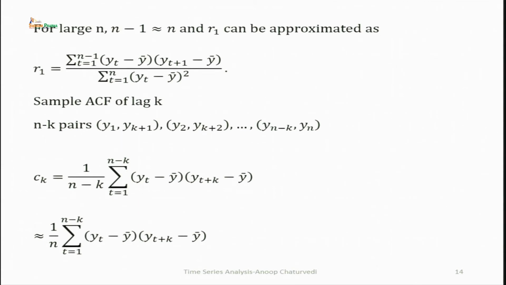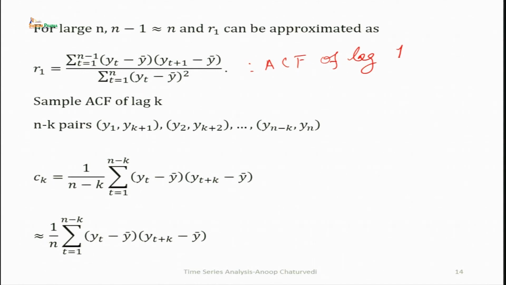Now, this is the sample autocorrelation coefficient of lag 1, right. This is ACF of lag 1. Similarly, you may define the sample autocorrelation function of lag k, ACF of lag k.